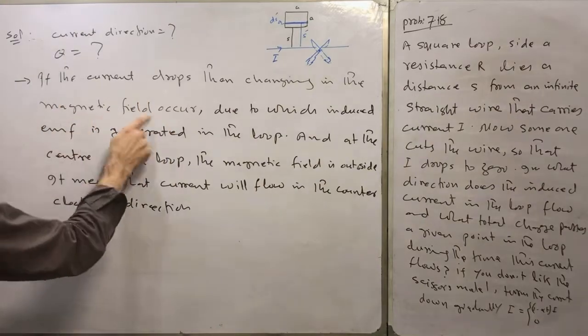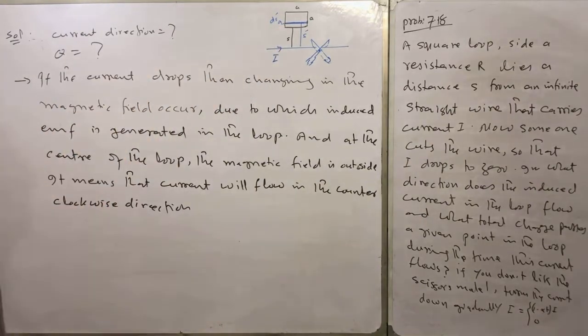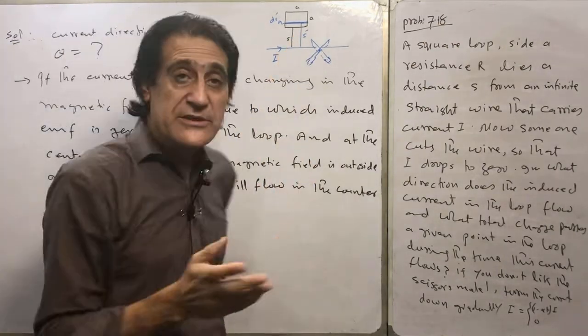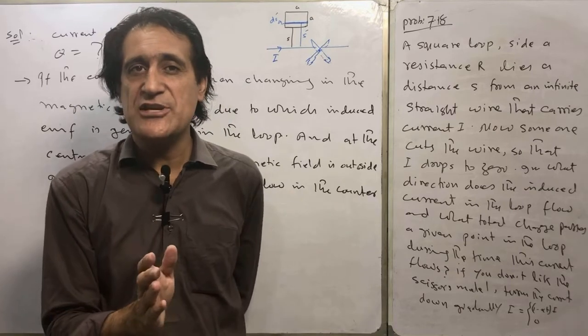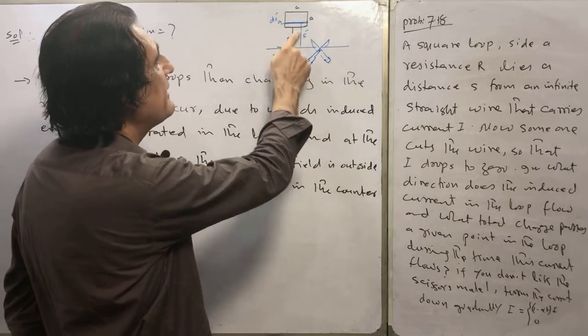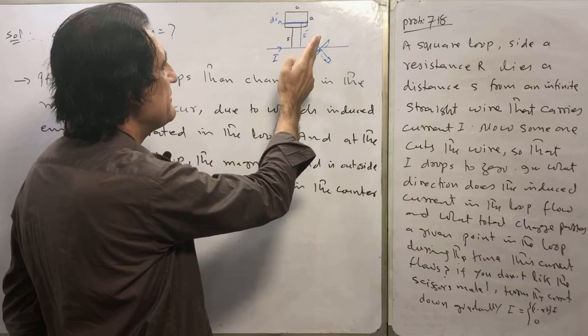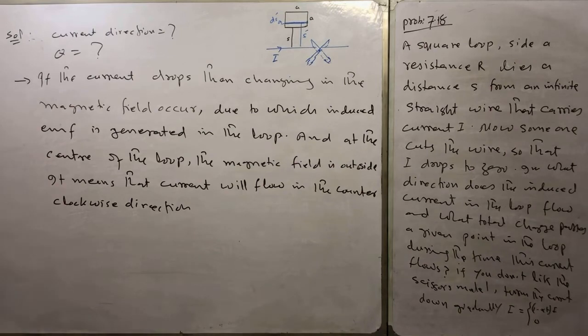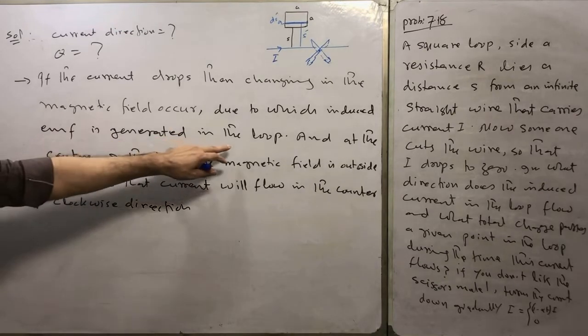Then a changing magnetic field occurs in this loop, due to which an induced EMF is generated in the loop. We know that whenever the magnetic field is changing, an induced EMF is generated. So whenever we cut the wire, the current changes and the magnetic field also changes, and an EMF is generated in the loop.